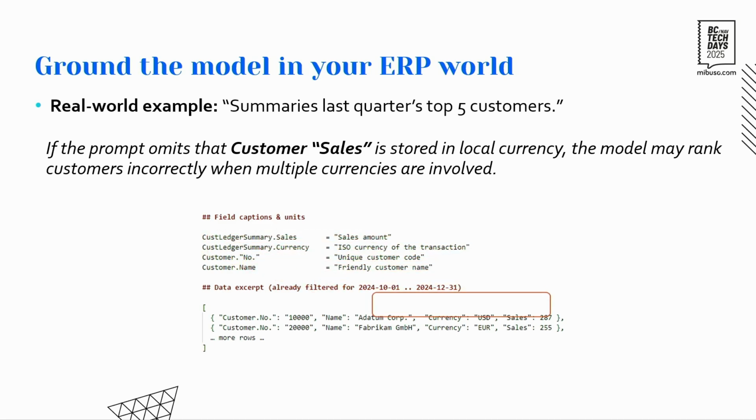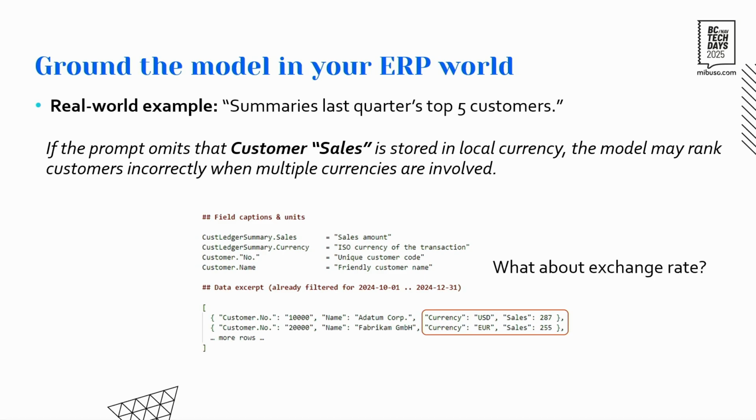So now when I'm showing multiple transactions or sales that have been made, I'm giving the currency as well as the sales amount. So now the model will be better positioned to respond with the top 5 customers, considering the currency that those transactions were made in.